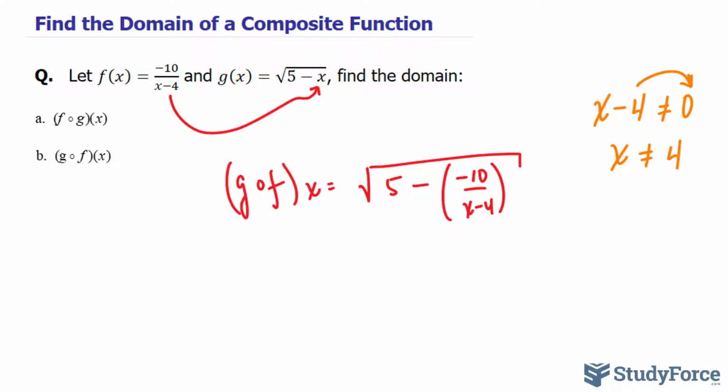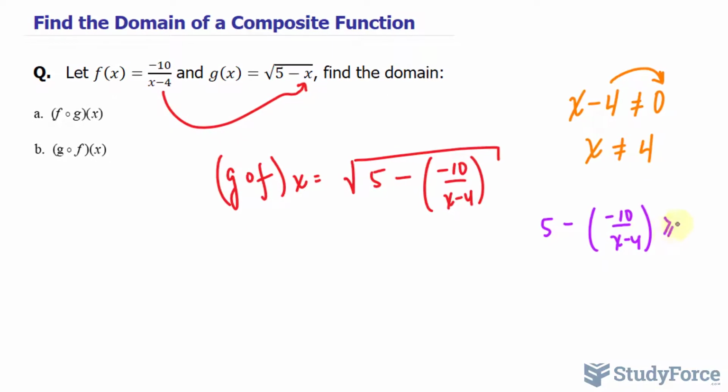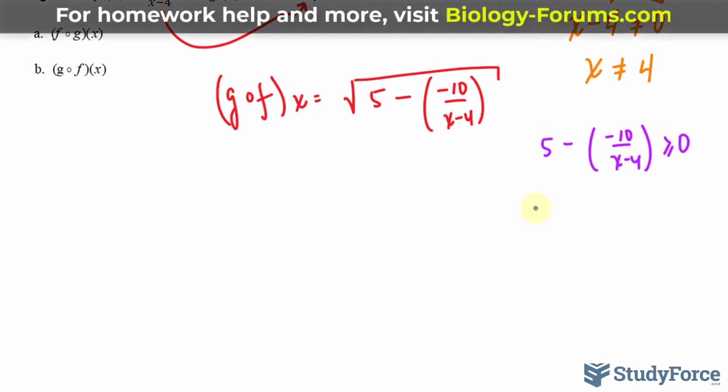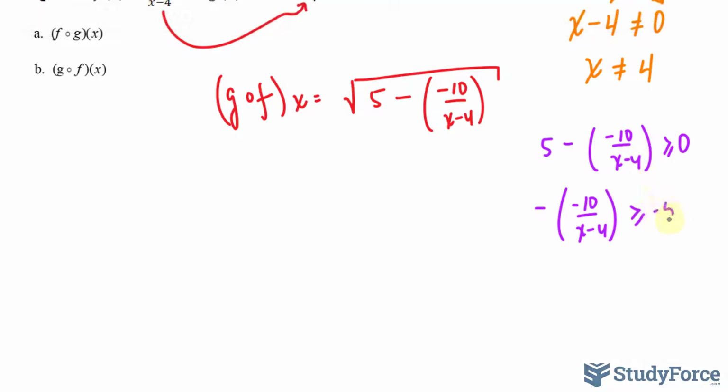Another restriction is that this square root cannot have a value that's less than 0. So 5 minus negative 10 over x minus 4 must be greater or equal to 0, and I'll have to solve. Bringing the 5 over, I get negative 10 over x minus 4 has to be greater or equal to negative 5.